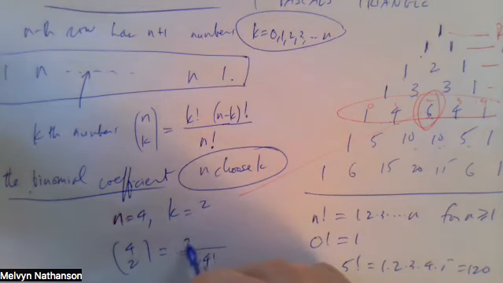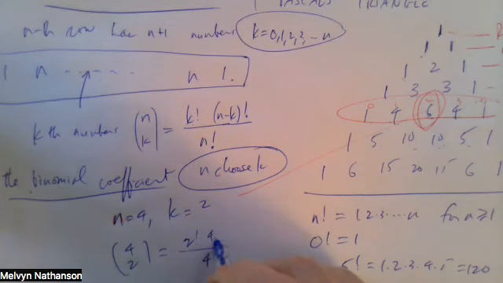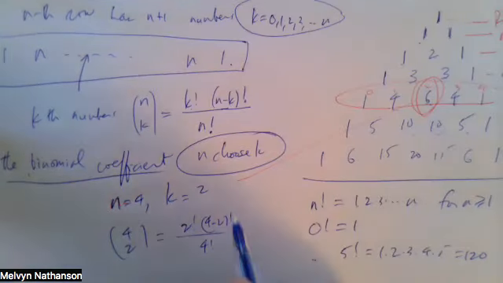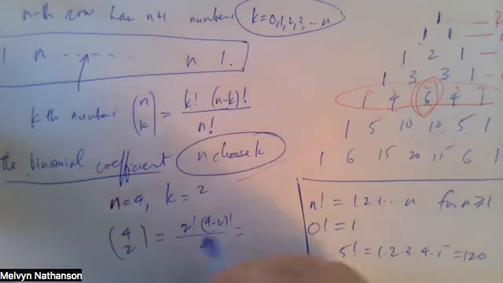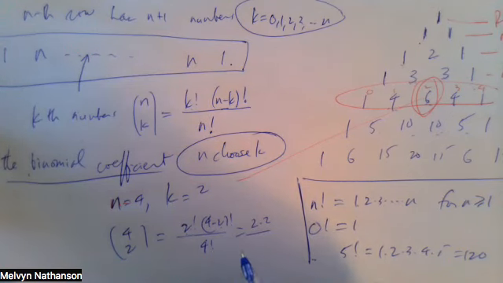K is equal to 2, and n minus k is 4 minus 2. Right? Let's see, what is that? 2 factorial is 1 times 2. 4 minus 2 is 2. 2 factorial is 2.